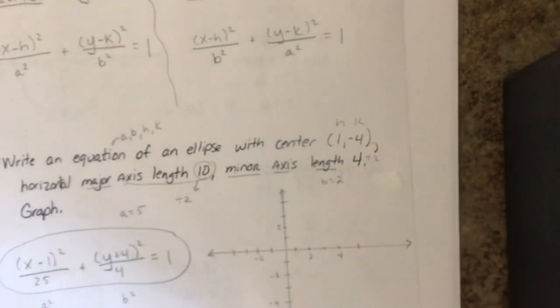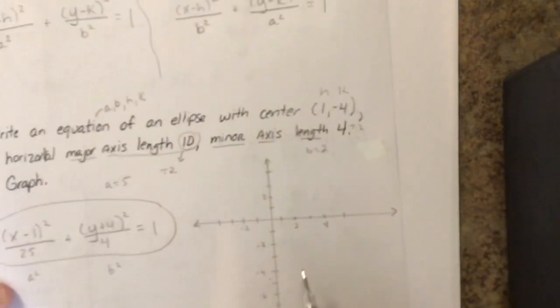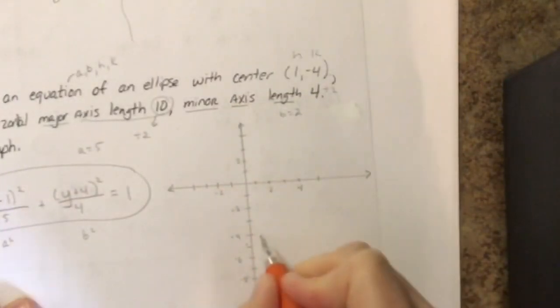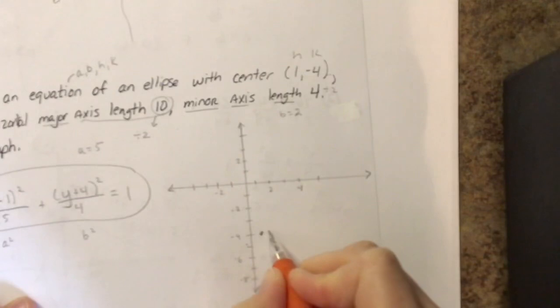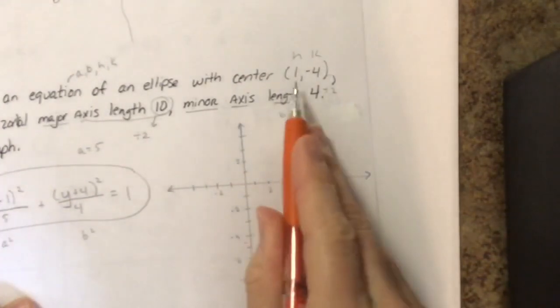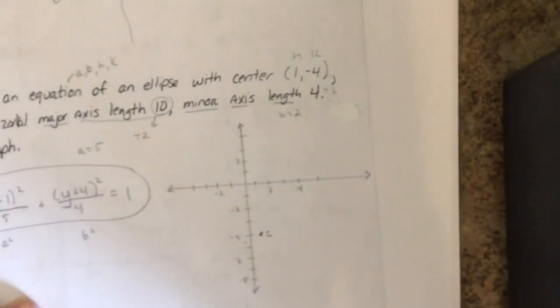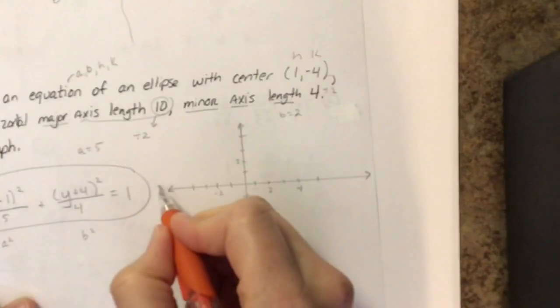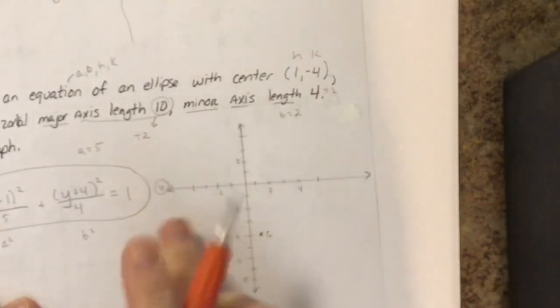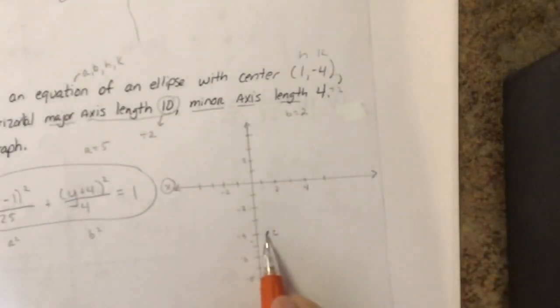Now we're going to graph. Ready to graph. The center is (1, negative 4). All the way down here, that's the center. Instead of (0, 0), it's down here. This is shifted 1 right, 4 down. Horizontal x is the major, but it's shifted 4 down. My vertices will be 5 from the center.